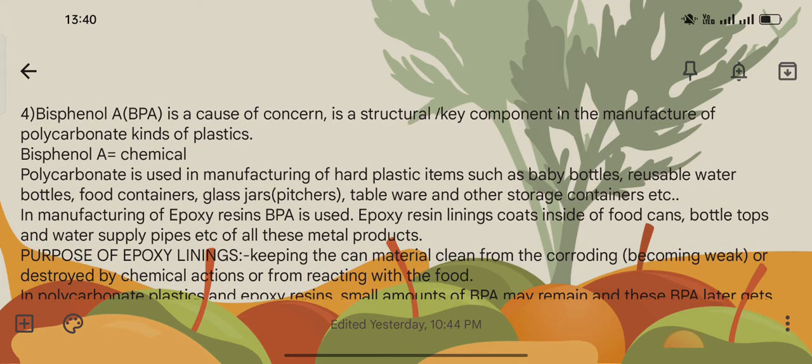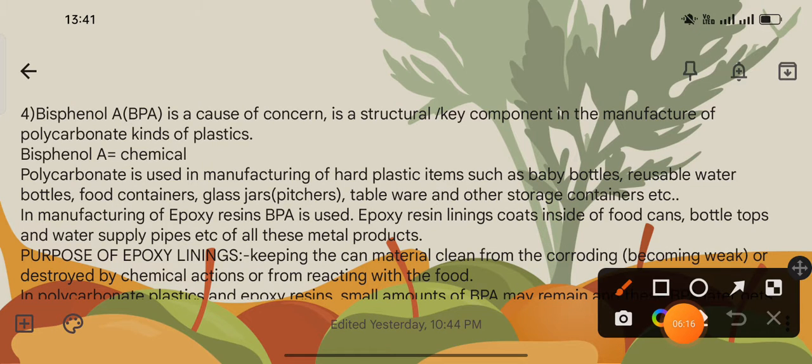Coming to the 24th question, bisphenol A, that is BPA, is a cause of concern and is a key component in the manufacture of polycarbonate kinds of plastics. BPA is a chemical, and polycarbonate is used in manufacturing hard plastic items such as baby bottles, reusable water bottles, food containers, glass jars, pitchers, tableware and other storage containers.